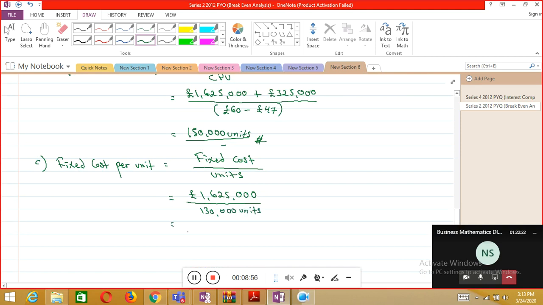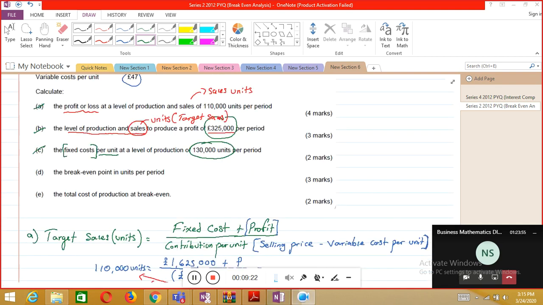So you divide, and that will give you the fixed cost per unit, which is 12.5 per unit. Check, guys. 12.5. Let's move on to D now.